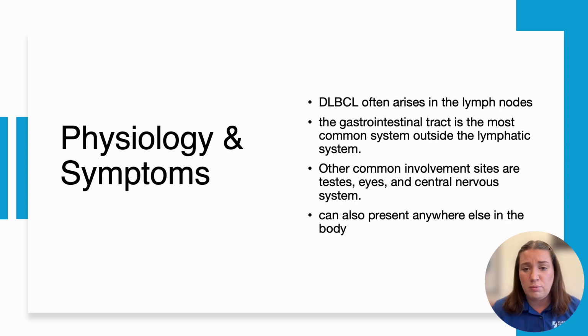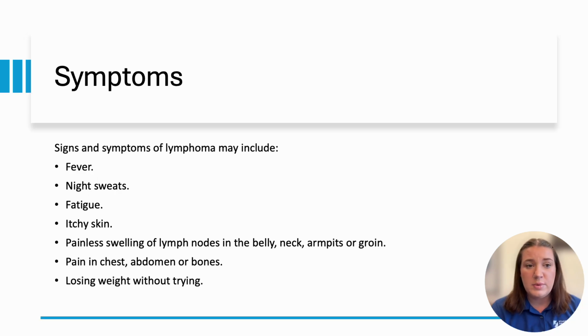But of course, this can be present anywhere in our body. Some common signs and symptoms of lymphoma can include fever, night sweats, fatigue, itchy skin, some swelling in the lymph nodes, pain in the chest, abdomen, and bones, and of course, losing weight without trying.